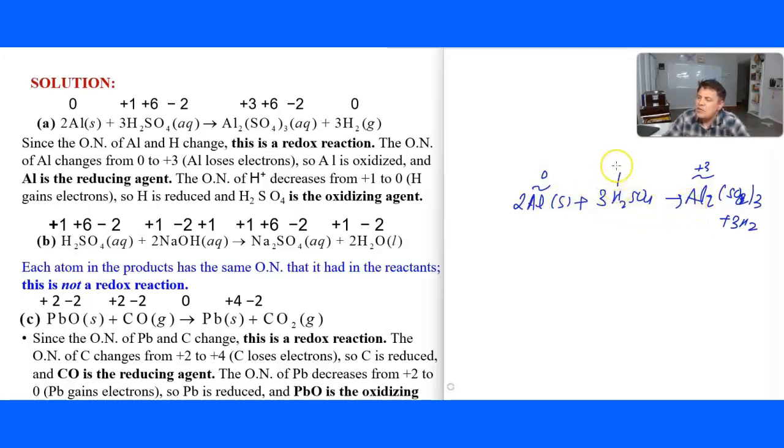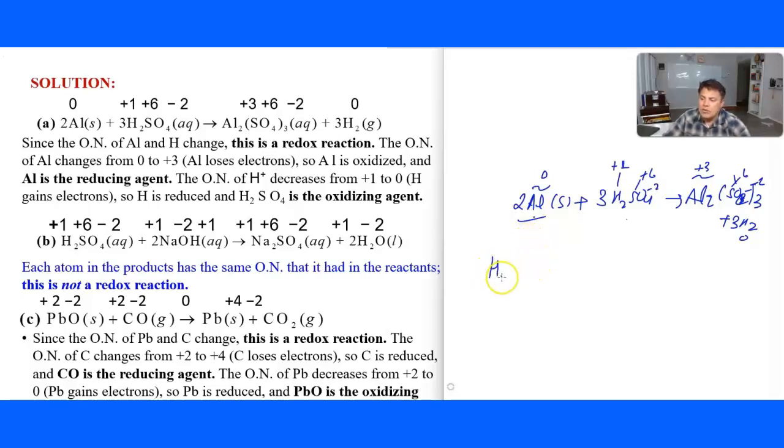Hydrogen has plus 1, and hydrogen has 0 here. Sulfur has plus 6 on both sides. Oxygen has minus 2 on both sides. So all the others are the same, but hydrogen and aluminum change, increase and decrease, right? That's why this is an oxidation reduction reaction.